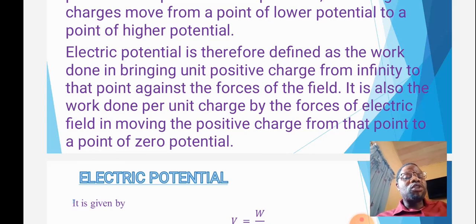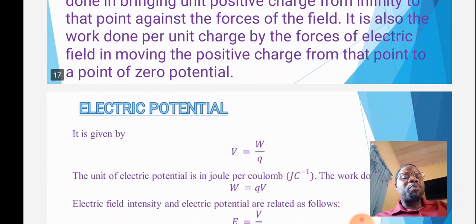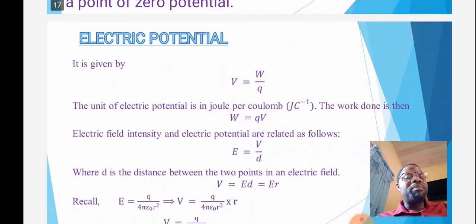So now we have the expression for electric potential. The electric potential V is equal to W over Q, that is work per unit charge as we defined earlier. So the unit of electric potential is joule per coulomb. Therefore the work done is given by W is equal to QV.